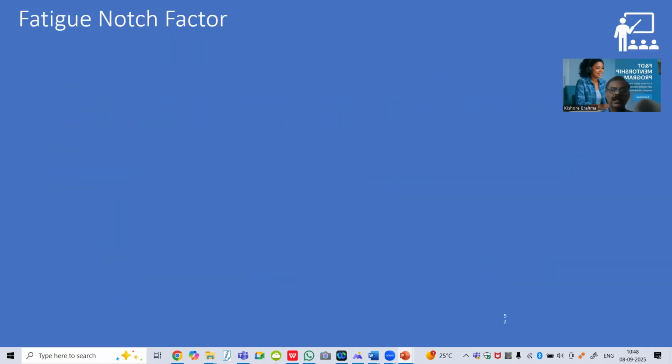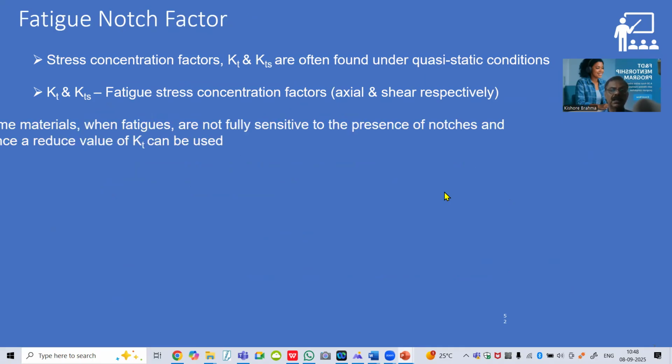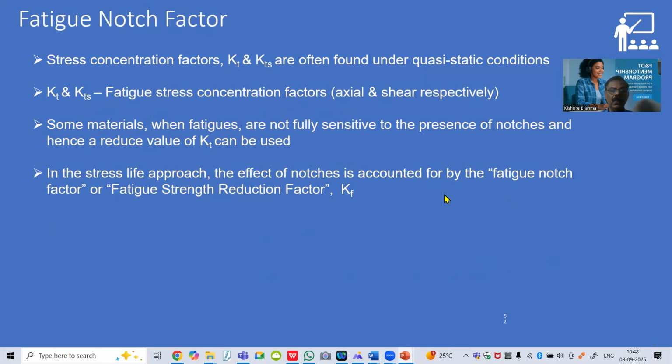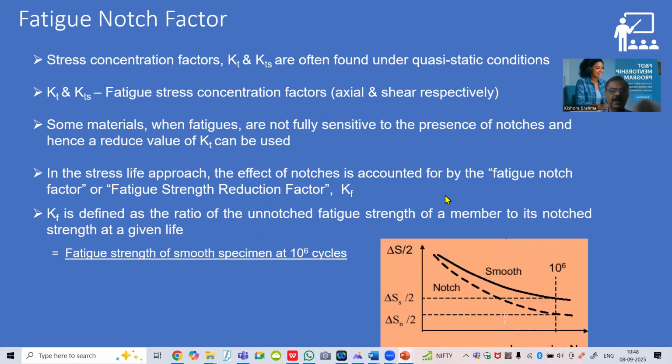But in the case of fatigue, there is one more stress concentration factor that operates, known as the fatigue stress concentration factor, depending on whether axial or shear. That is defined by KF. As per the definition, it is the fatigue strength of a smooth specimen at 10 to the power 6 cycles divided by the fatigue strength of a notched specimen at 10 to the power 6 cycles.